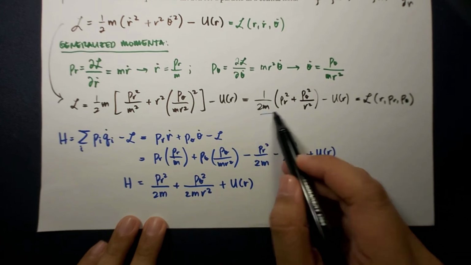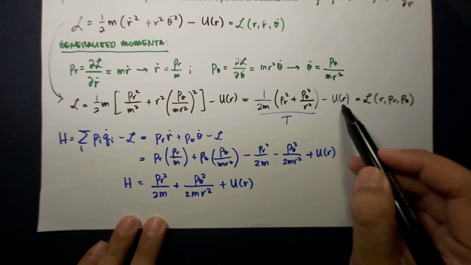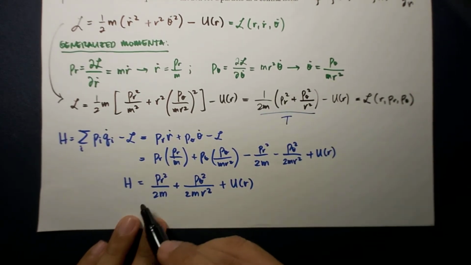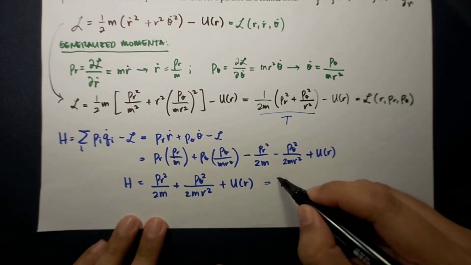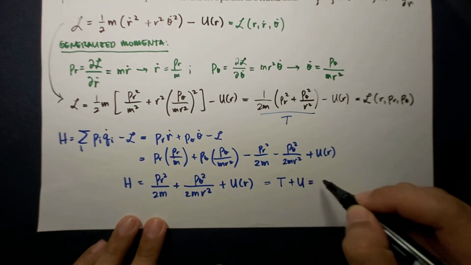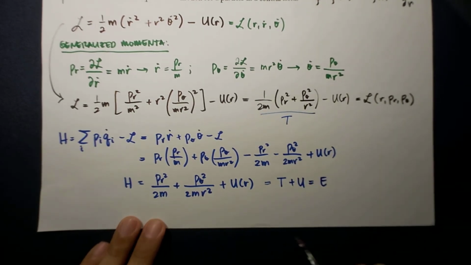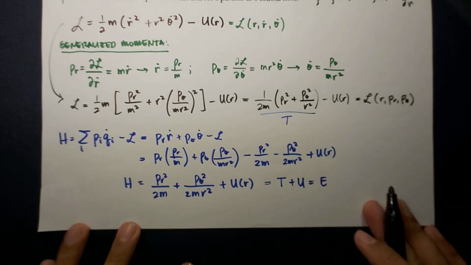So this is kinetic and this is your potential. So as we expect, the Hamiltonian of the system is just the sum of the kinetic and the potential energy, and this is equal to the total energy of the system.